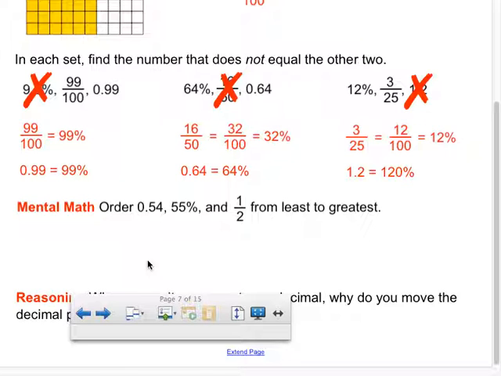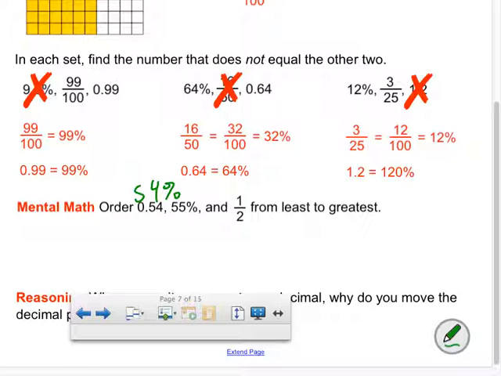So, Atisha, can you tell me, what do you like working in? Do you like converting everything to decimals? Or do you want percents? Okay. So what's 54 hundredths as a percent? 54%. Okay. We already have 55%. What's a half as a percent, Atisha? Make the denominator into 100. What takes me from 2 to 100? 50, right?